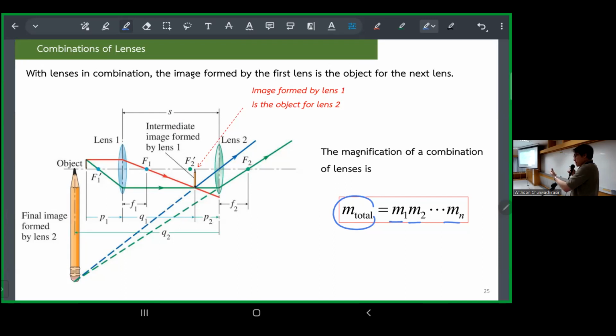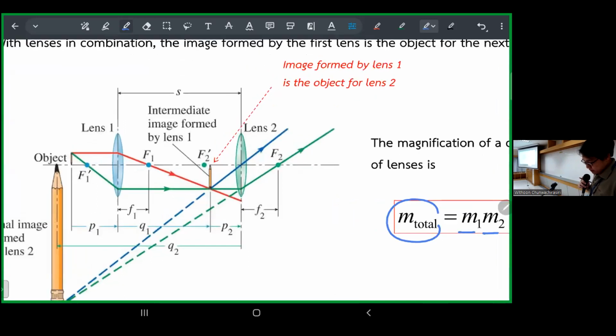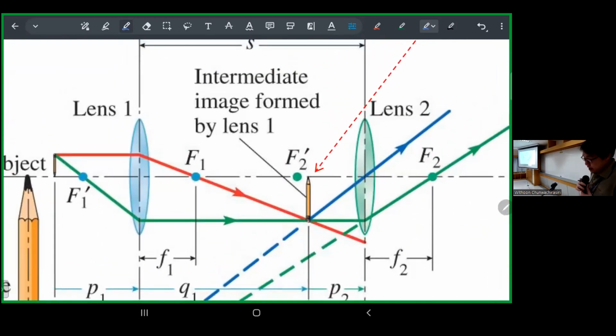Cool? All right. And this is the chance that you might be able to get a negative object distance. Can you see this? If you look at this carefully, it might be the case where your lens number 2 is placed here. Can you imagine that? If you place your second lens right here, can you see that your image from the first lens shows up here, right?